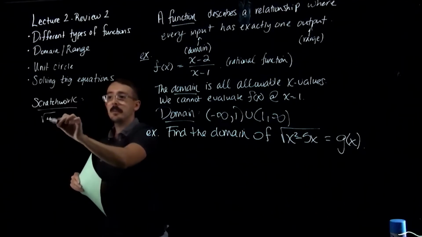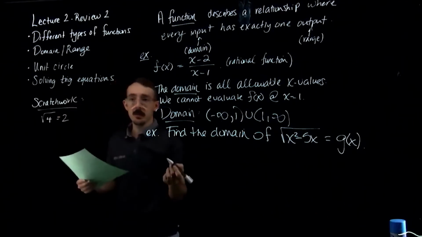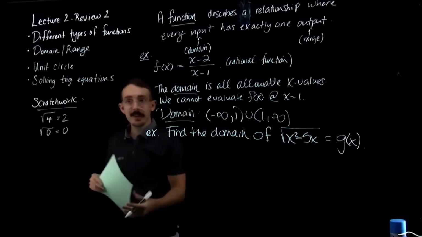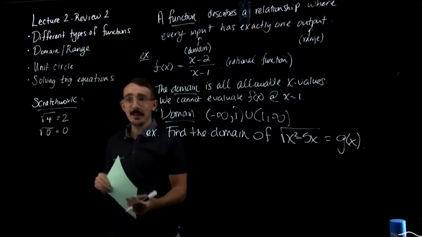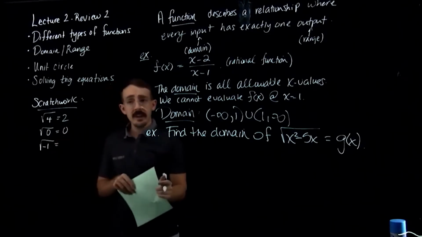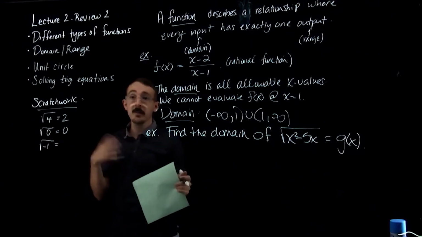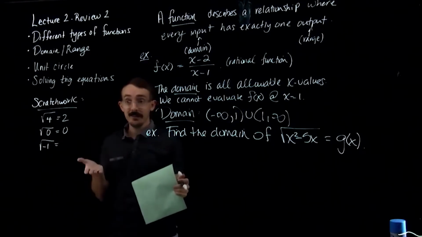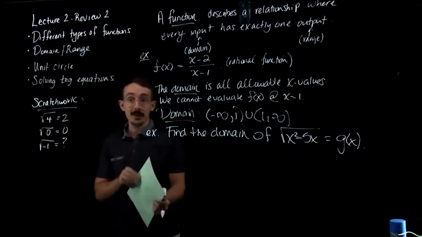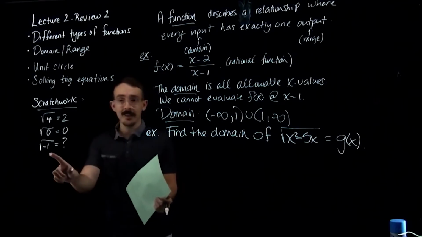We know the square root of 4 is 2, because 2 times 2 is 4. The square root of 0 is 0, because it's 0 times 0. However, for the square root of a negative number, there is no real number you can multiply by itself to get negative 1. So as far as real numbers are concerned, this isn't real.